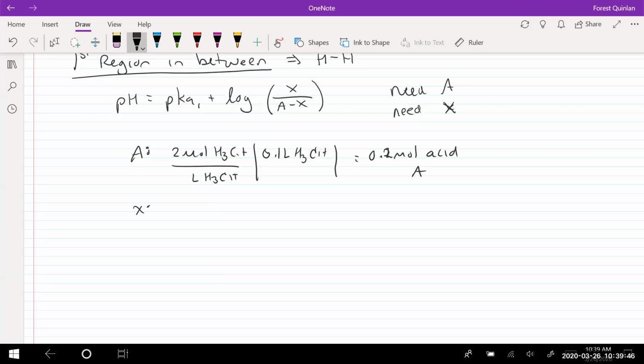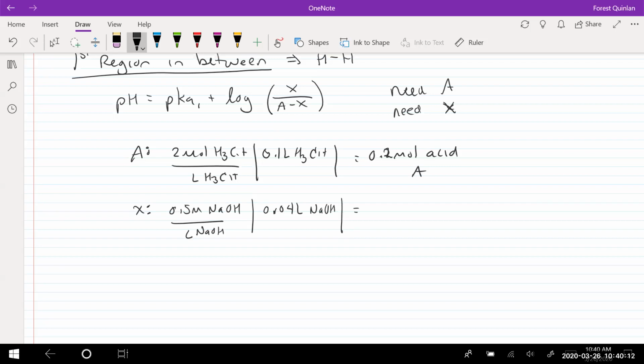Now X, Kyra said we're going to do 40 mils. And again, just like it's moles of acid, it's moles of base. So let's take a look at that. We had a 1/2 molar solution of sodium hydroxide. And we said it's 40, so 0.04 liters of NaOH.